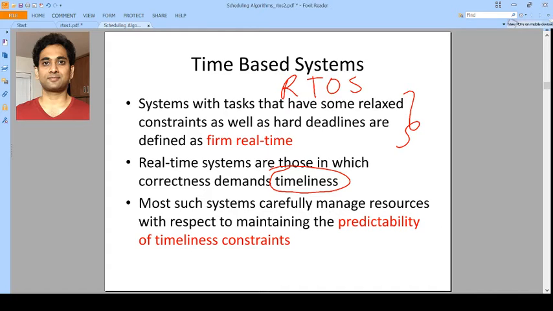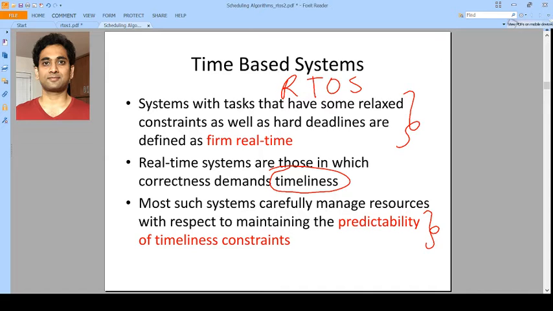So most such systems carefully manage their resources with respect to maintaining the predictability of timeliness constraints. So in other words, a very valuable asset, knowledge to have in a real-time operating system is to be able to predict when my task is going to complete.